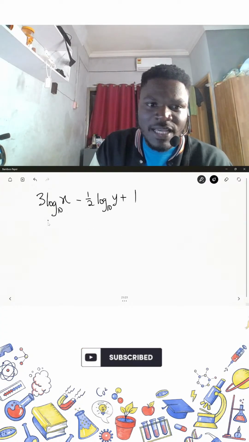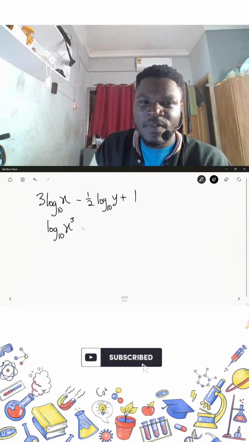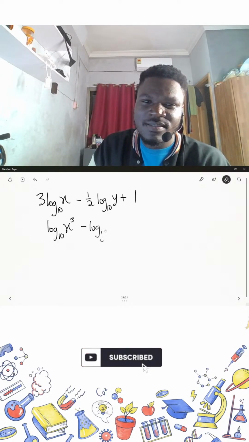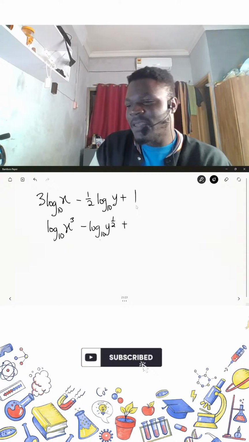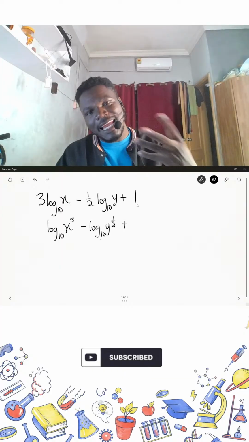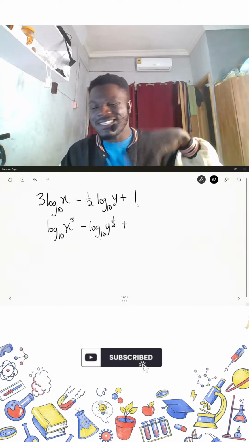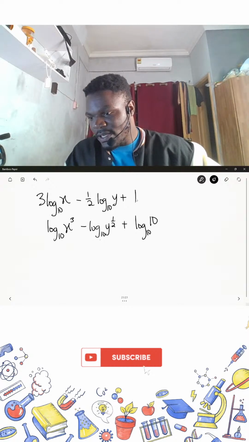So here we can express this as log base 10 x cubed minus log base 10 y raised to the power half plus. Now, when you have 1, like I said, any log to the base with the number being equal to the base is 1. So because we have log 10 here, this can be expressed as log base 10 of 10. Are you okay?